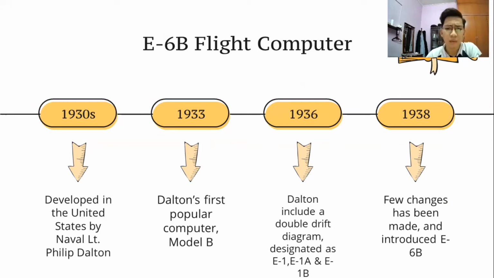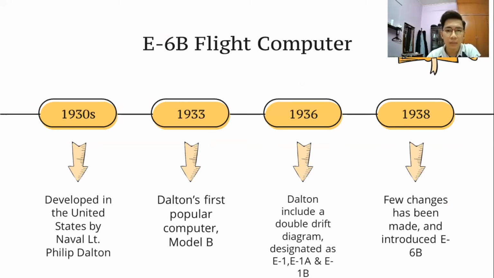A little background information about this inventor is that Philip Dalton was a Cornell University graduate who joined the United States Army, and he was an artillery officer, who in time was promoted to become a naval reserve pilot.